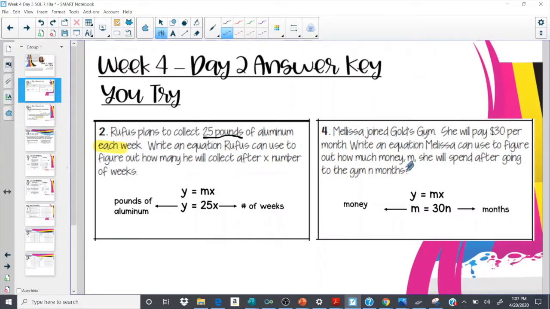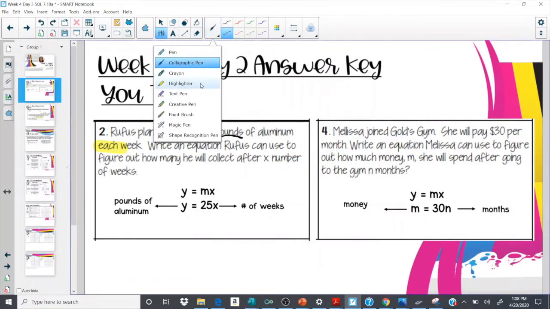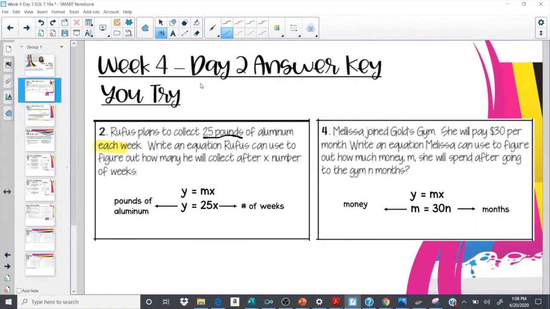Melissa joined Gold's Gym. She will pay $30 per month. Write an equation Melissa can use to figure out how much money M she will spend after going to the gym N months. So again, we're on the lookout for slope keywords or words that represent a rate of change. And I see the word per.